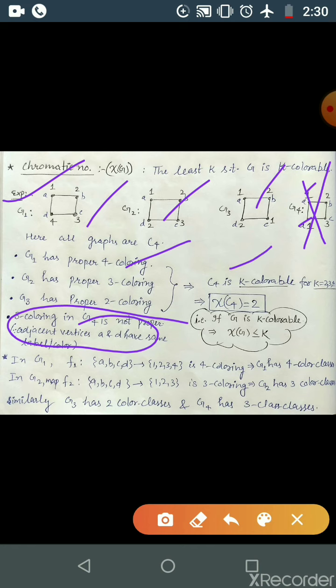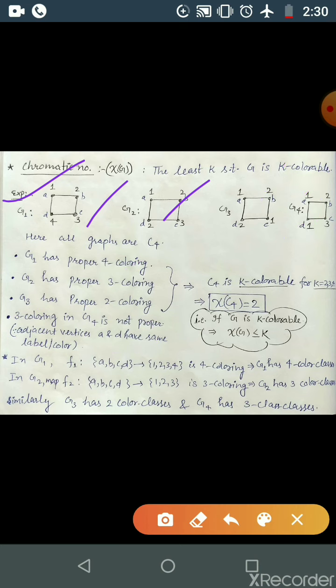So C4 is minimum how much colorable? K colorable for 2, 3, 4 and the minimum is 2. So the chromatic number of this one is 2. Whenever you say any graph is K colorable, then the chromatic number will always be less than or equal to K, because C4 is 4 colorable, 3 colorable, 2 colorable as well, correct.